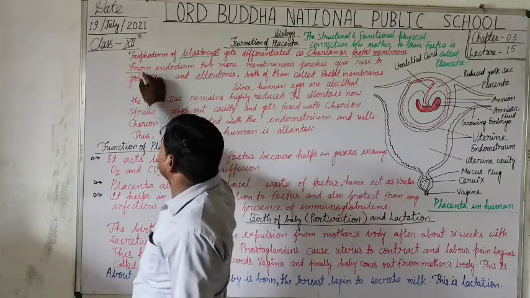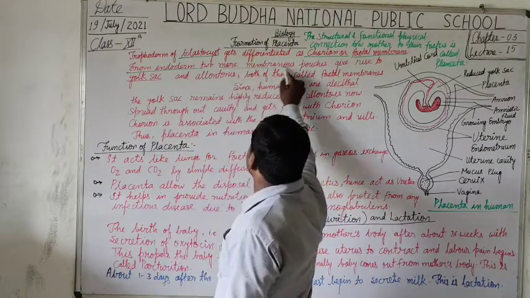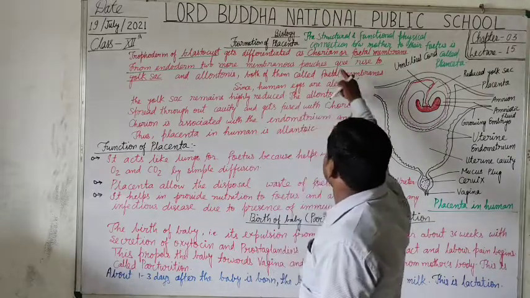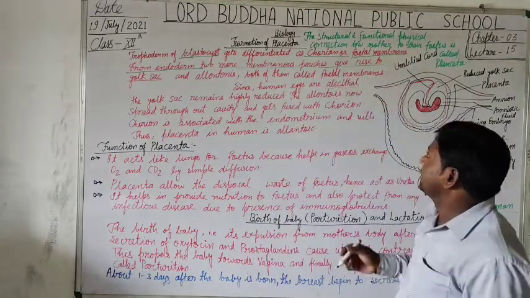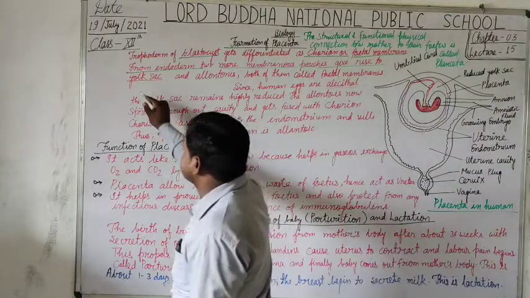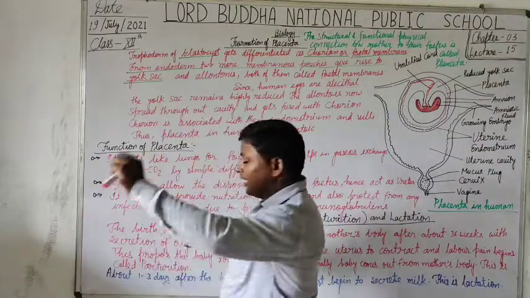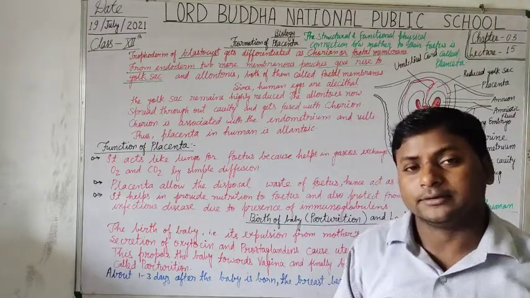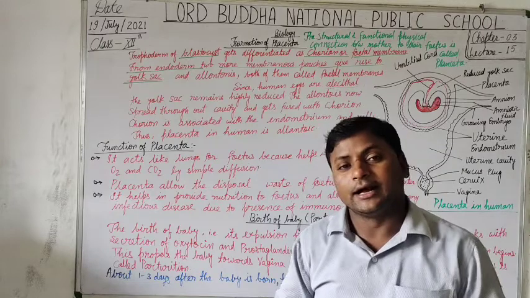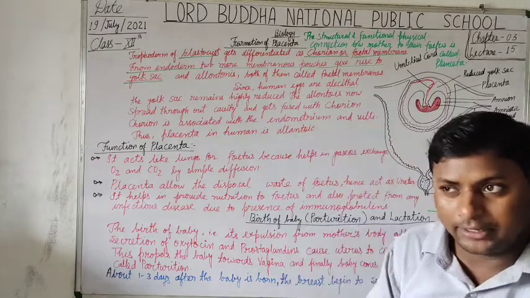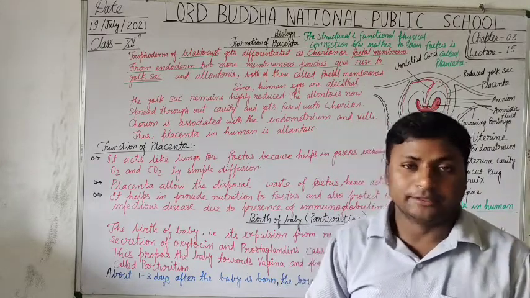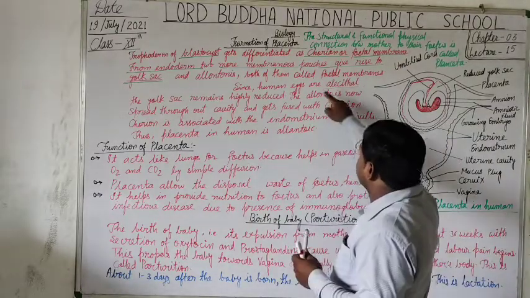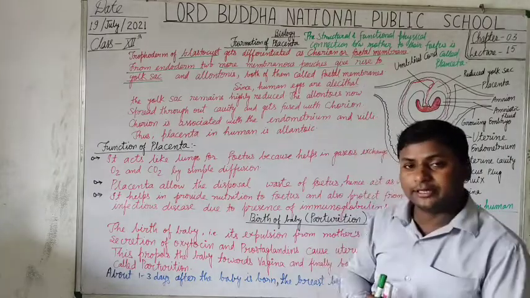Now, from endoderm, two more membranous pouches give rise to the yolk sac. One more important thing to know: in human, the egg or ovum, the female gamete, is alecithal.